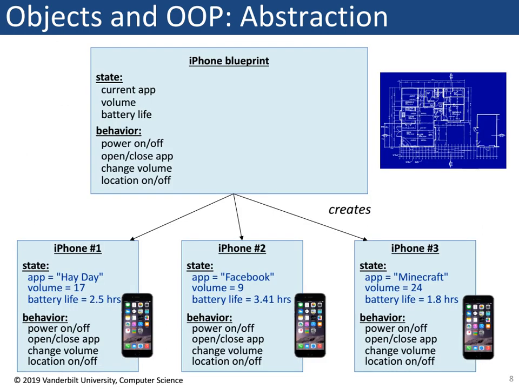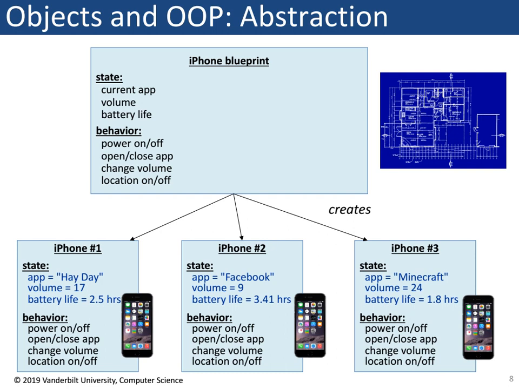So here's an example of how that works. There's the blueprint that exists for an iPhone, the very complicated, detailed blueprint of the electrical circuitry and all of the components that go into making an iPhone work.